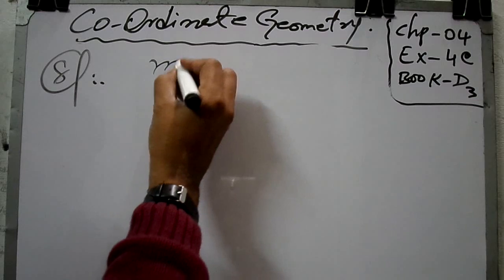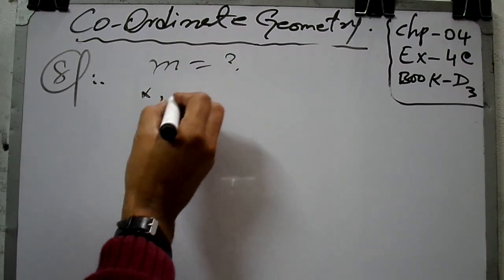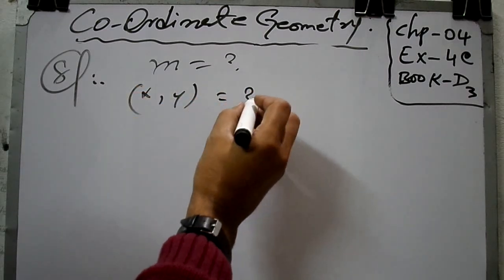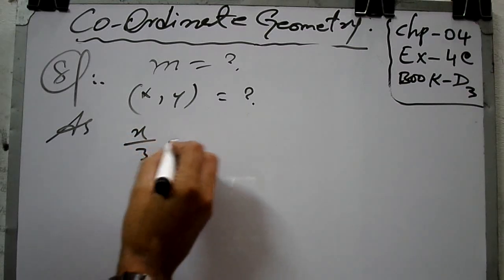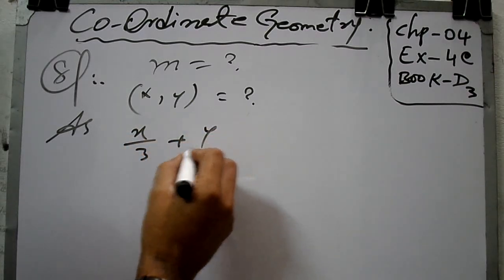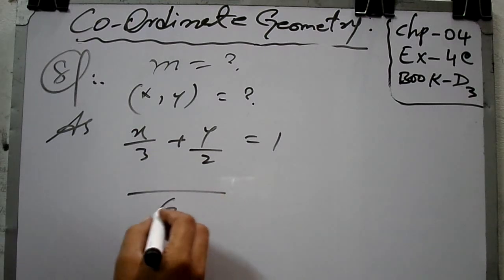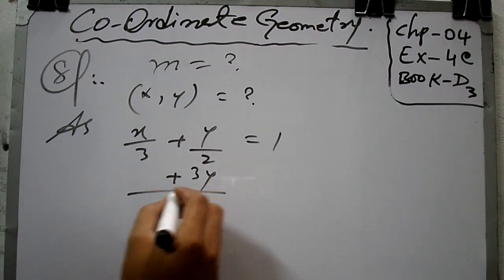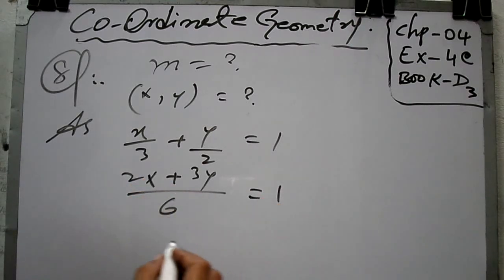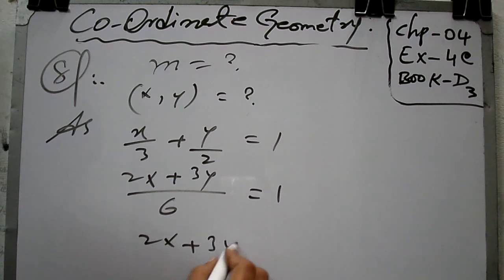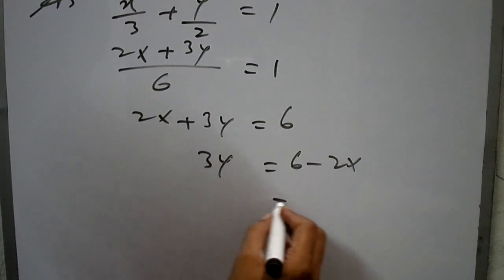So we have to find the gradient, then the coordinates. As x by 3 plus y by 2 is equal to 1, taking LCM and cross multiplying, 2x plus 3y is equal to 6. 3y is equal to 6 minus 2x.